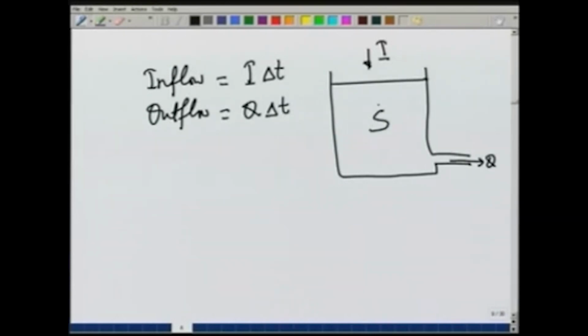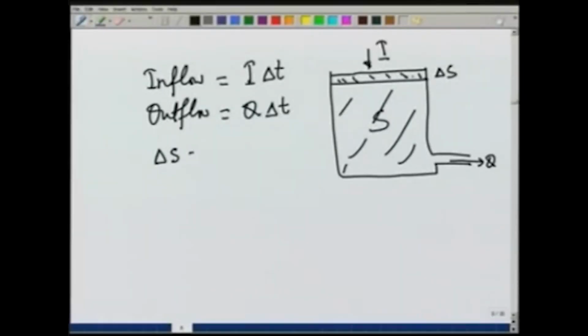Now, S is the storage within the reservoir, and suppose in time delta t, S changes by an amount delta S. Then we can say that this change in storage is because of the net inflow, and it should be equal to the net inflow.